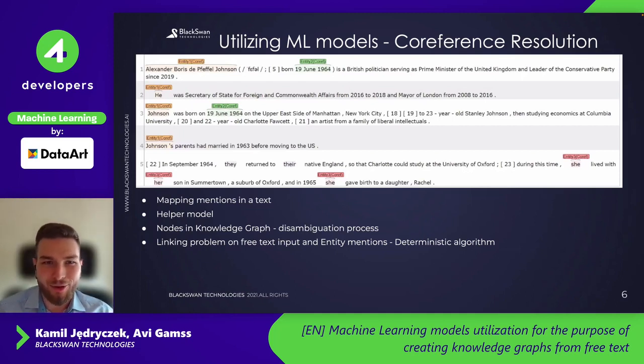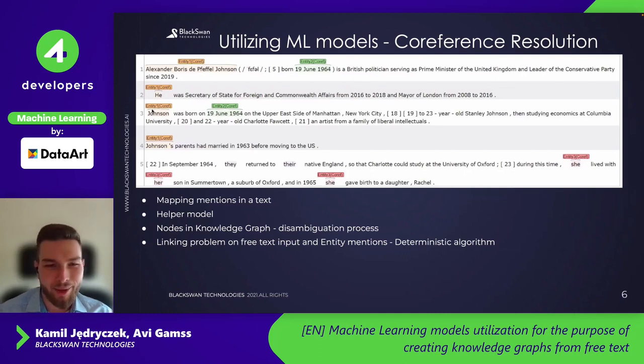But unfortunately, what we would like to have is not this he, because this he means nothing. We don't know exactly what this is talking about. We would rather have a name and a surname of such a person. And here the coreference resolution model comes into play. This model just tries to map those different mentions of the same entity in a free text. So as you can see in our example on the top of the slide, for example, Boris Johnson was mentioned here also twice, as a he and as a Johnson.